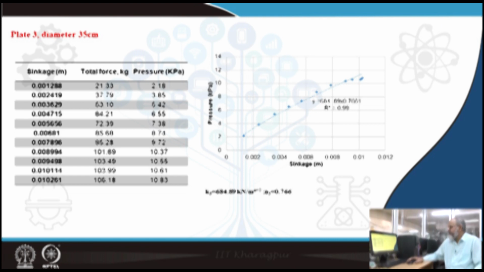So pressure is equal to 684.89 into sinkage raised to the power 0.7661. So we got modulus of sinkage value 684.89 kilonewton per meter raised to the power n plus 2, and then exponent of sinkage value we got 0.766.